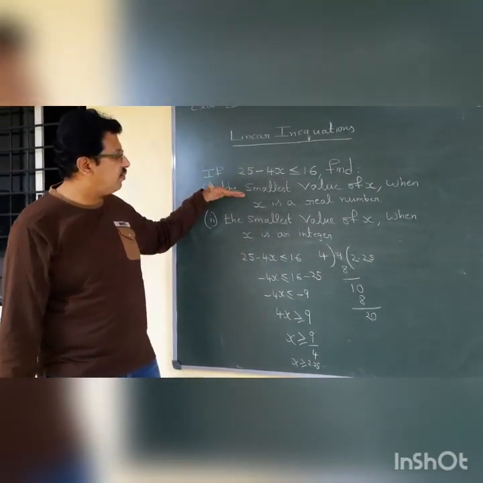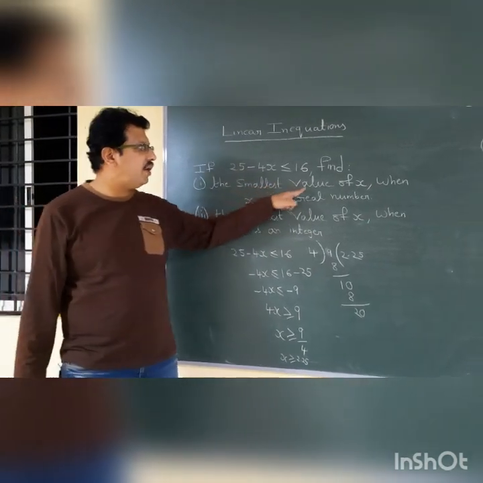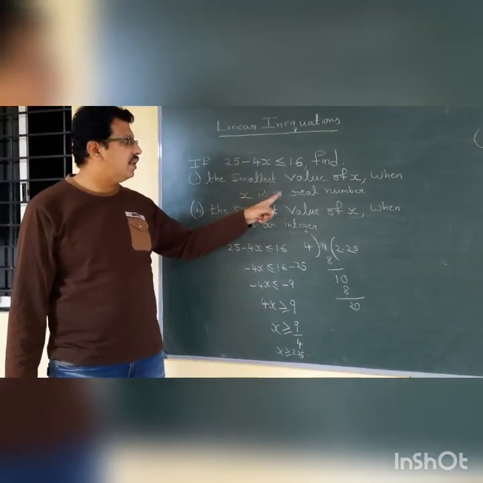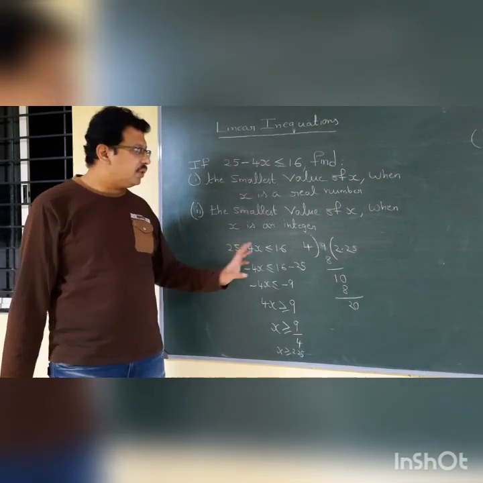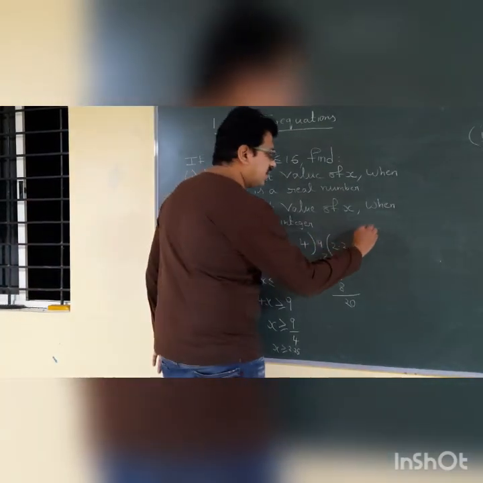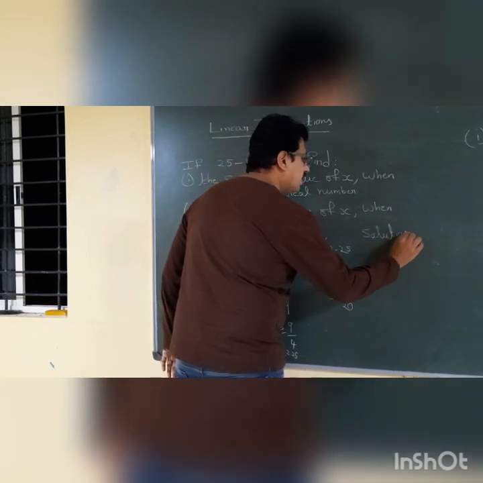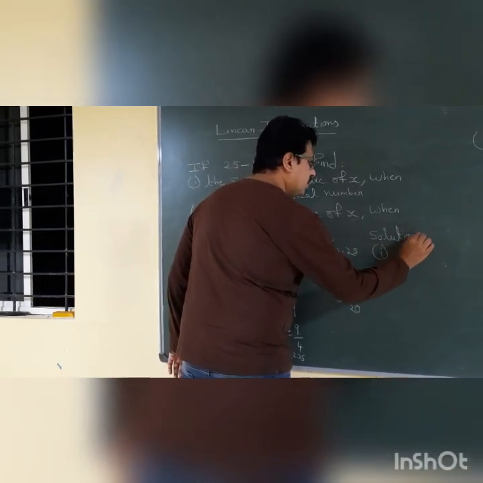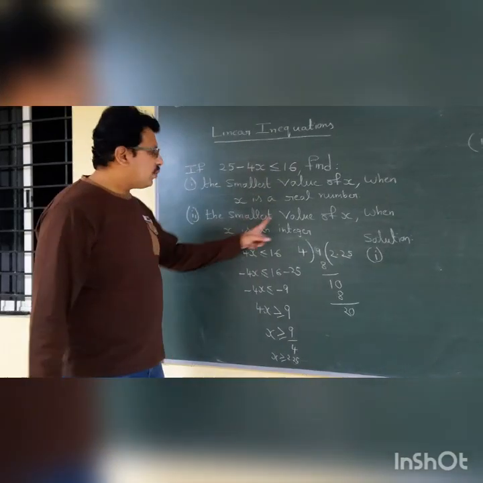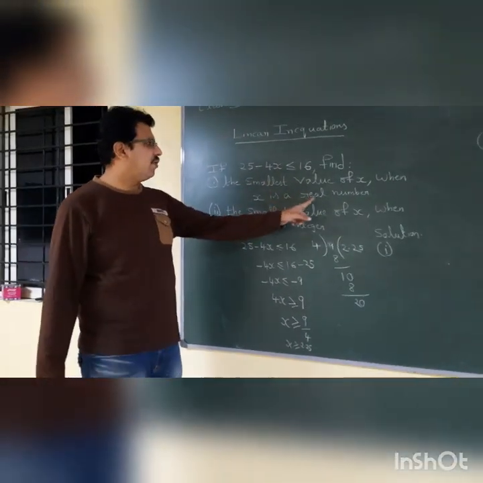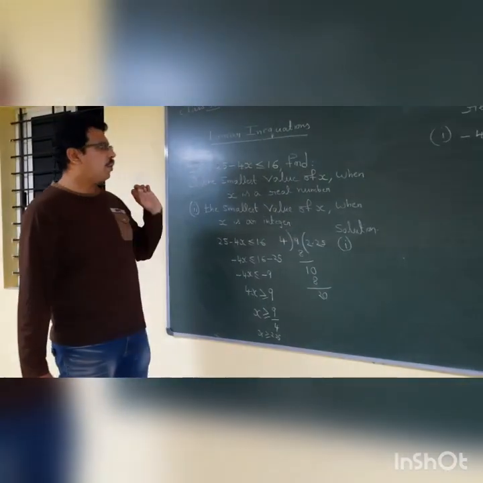Now let me come back to the first question: the smallest value of x when x is a real number. So here the first question's solution. Real number means, what is a real number?